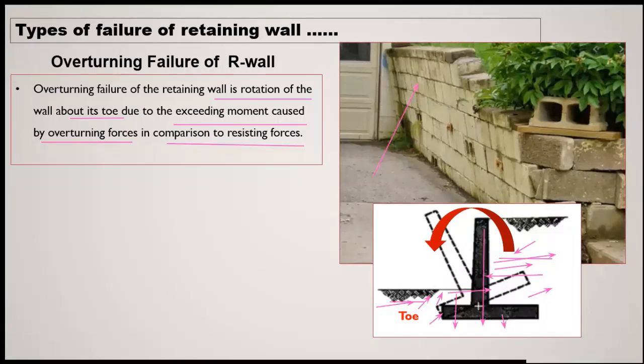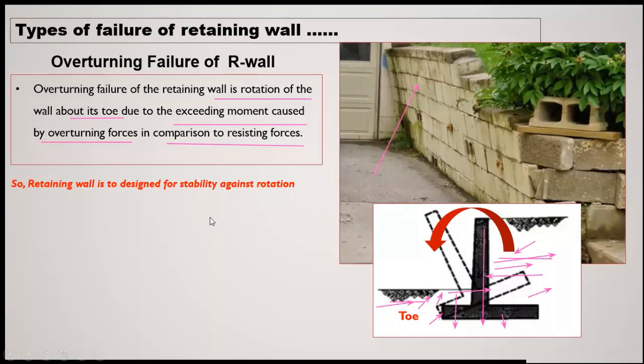Now, it is very clear that if the overturning moment is greater than the resisting moment, your wall will not be stable, it will slide, it will rotate. On an actual site, it will rotate. So we have to take this into consideration while designing: how much moment is rotating it and how much moment is resisting it. Definitely the resisting moment and the rotating moment may be equal, or the resisting moment comparatively higher.